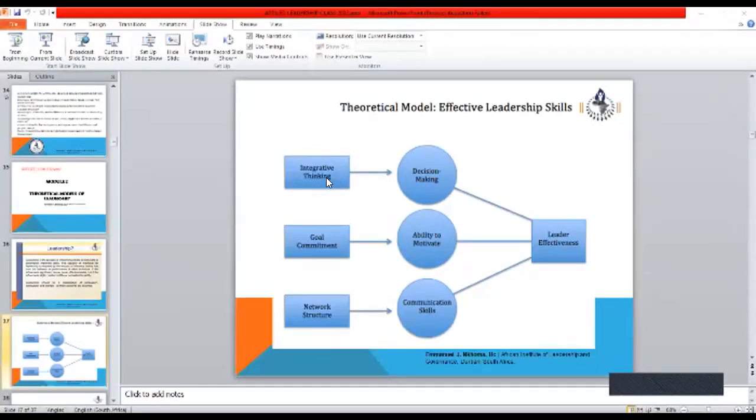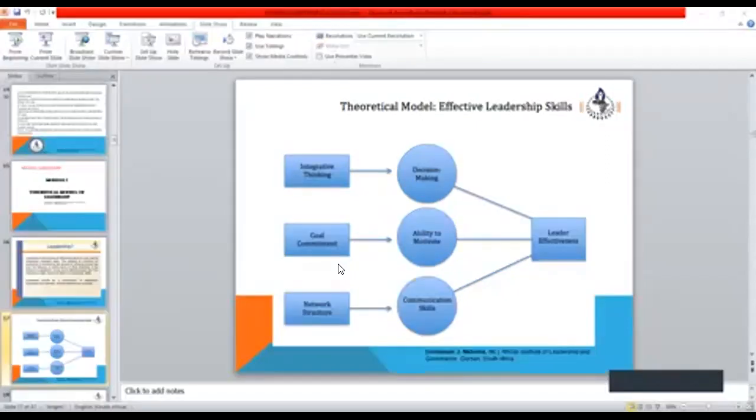If information is processed data, it simply means leaders, before you take any decision, you must combine skills that help you get to integrative thinking, so that you are able to make informed decisions based on facts, not based on assumptions or just on expectation. All right.